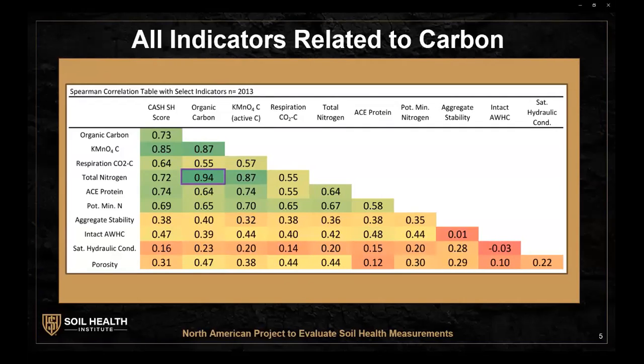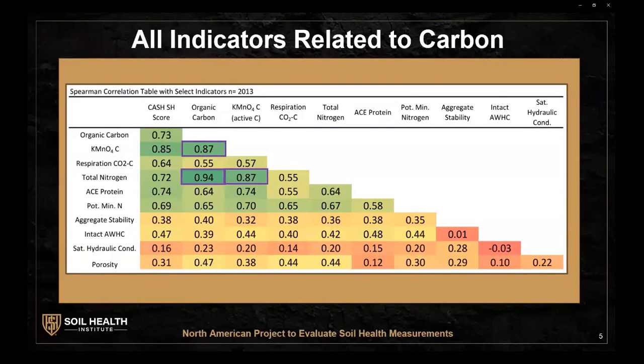The first one that pops out is this really strong relationship between total nitrogen and total carbon. It's no surprise, we know that these are coupled. But then I thought it was kind of interesting that soil organic carbon and total nitrogen have the exact same degree of correlation to potassium permanganate oxidizable carbon, which is often called active carbon.